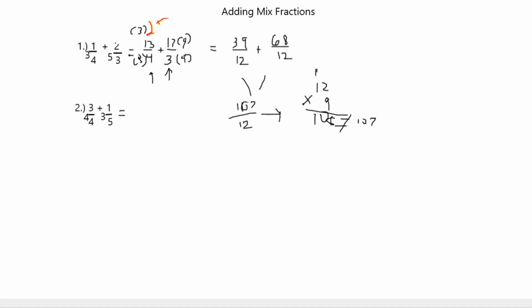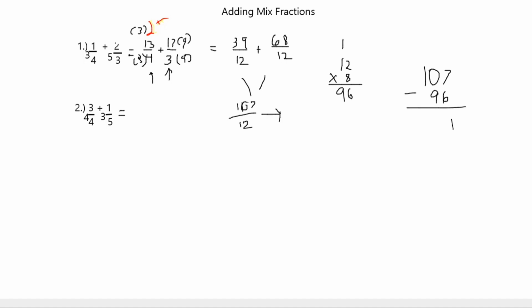So 108 is greater than 107. Therefore, we're not going to use this. Let's use 12 times 8. 8 times 2 is 16. 8 times 1 is 8, plus 1 is 9, so 96. So let's use this. We're going to use 8.